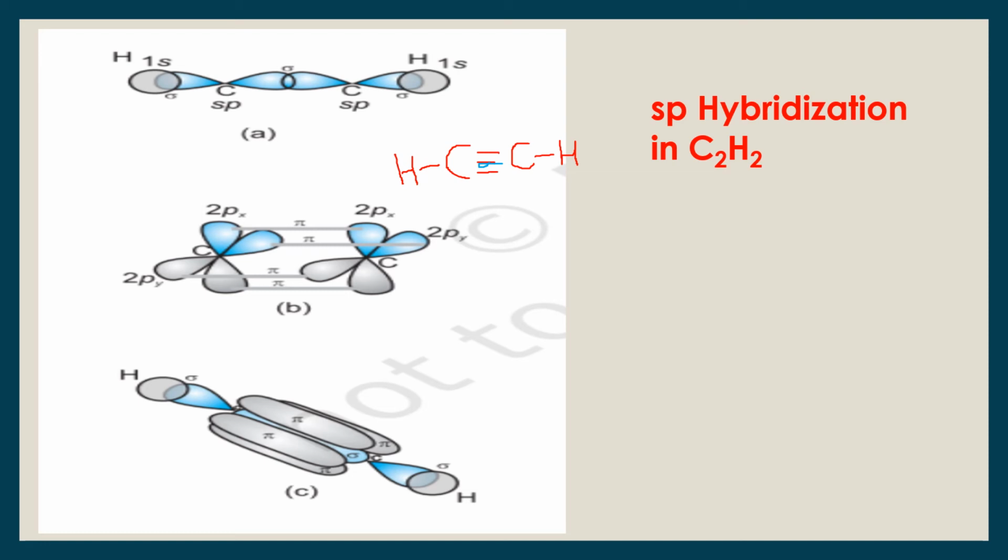Always only one sigma would be possible. Head-on overlap is possible only once. Sideways overlap can be for more than one type of orbitals, p orbitals. So these two are pi. So this carbon has one sigma here between the two carbons and one here, as you can see here. This carbon also has one sigma here and one sigma here. So it has to be sp hybridized orbitals of each carbon.